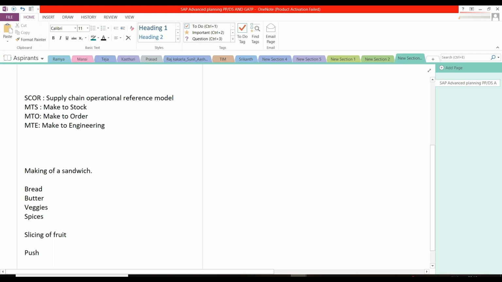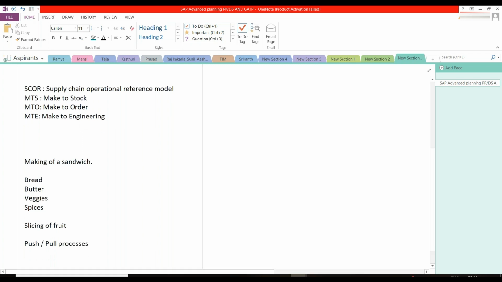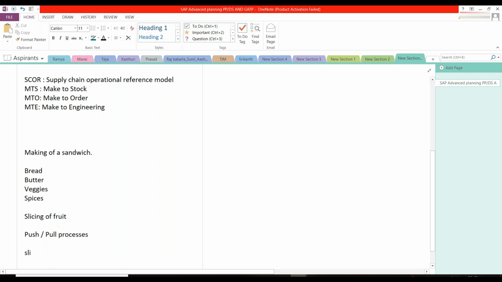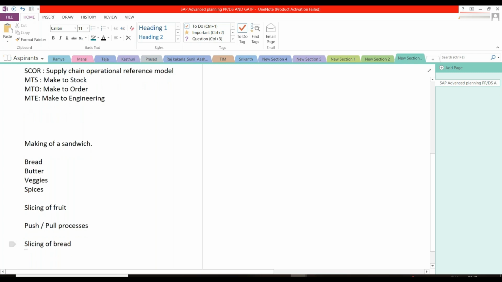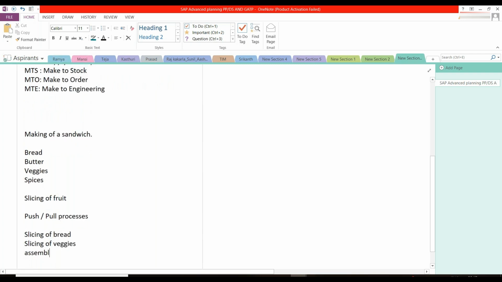To understand what the push and pull process is, we will first see what the different processes involved are. Like in making the sandwich, I am supposed to first do slicing of bread, then slicing of vegetables, and assembling of the sandwich.